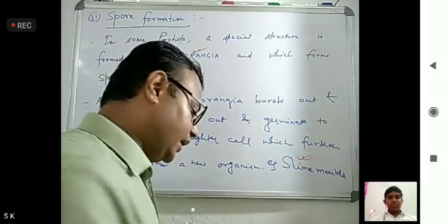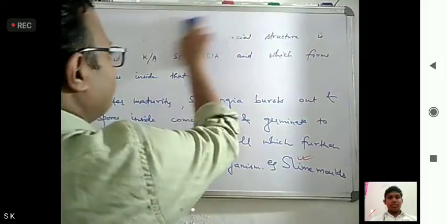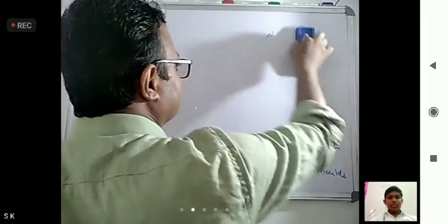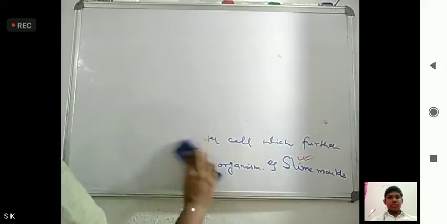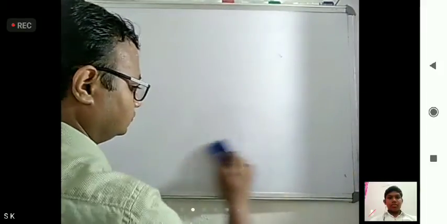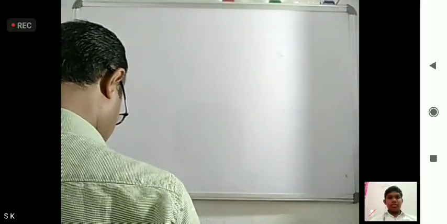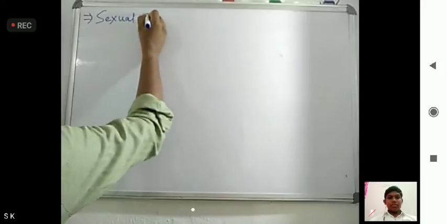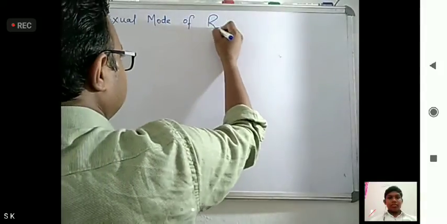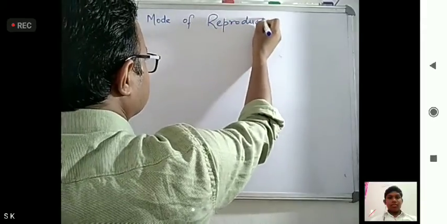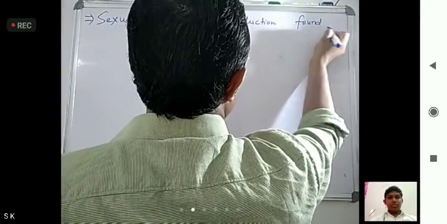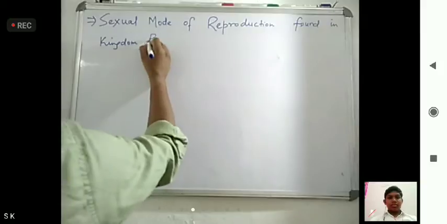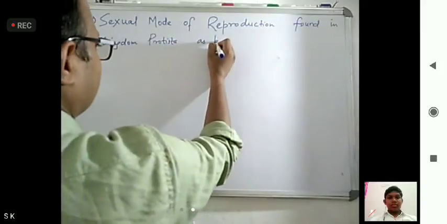Okay, so till now we discussed asexual reproduction found in kingdom Protista. Now come to the next type, that is sexual reproduction. Sexual mode of reproduction found in kingdom Protista is as below.